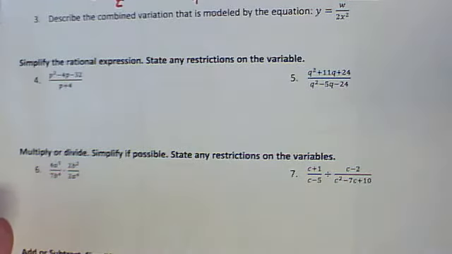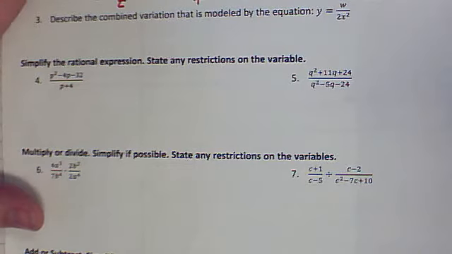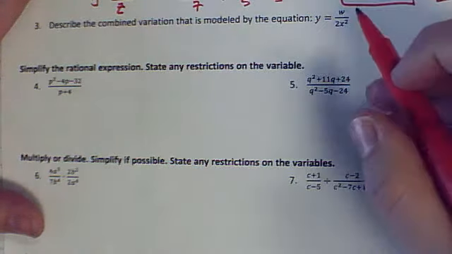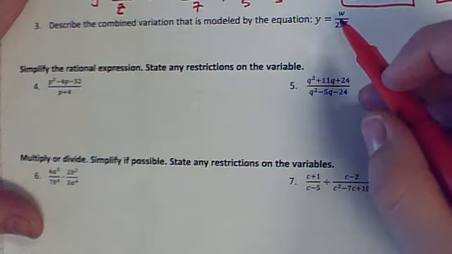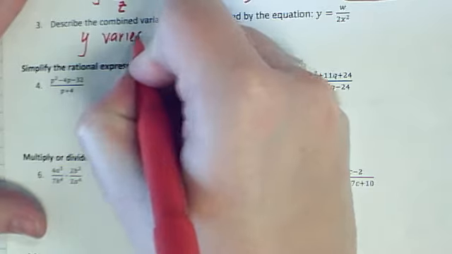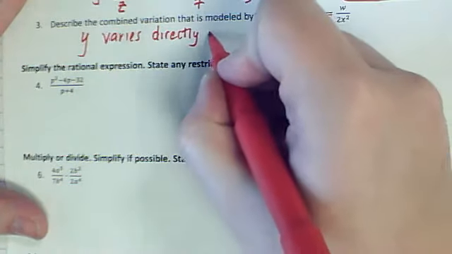Alright, number 3, describe the combined variation that is modeled by the equation y equals w over 2x squared. Well, since the w is on top, that means it's a direct variation. So I have y varies directly with that variable, so with w.